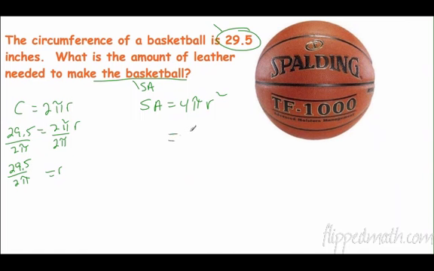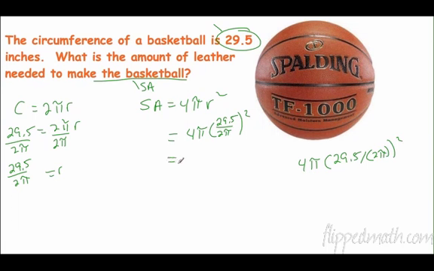So let's plug it into 4 pi r squared. So 4 pi, plug in my radius, 29.5 divided by 2 pi, and square it. Now if you're putting this in your calculator, it's going to look like this: 4 pi, parentheses, 29.5 divided by, now you need to group this stuff or else it will come out wrong, squared.